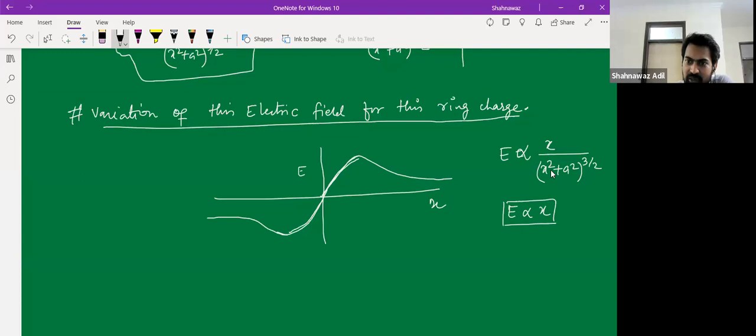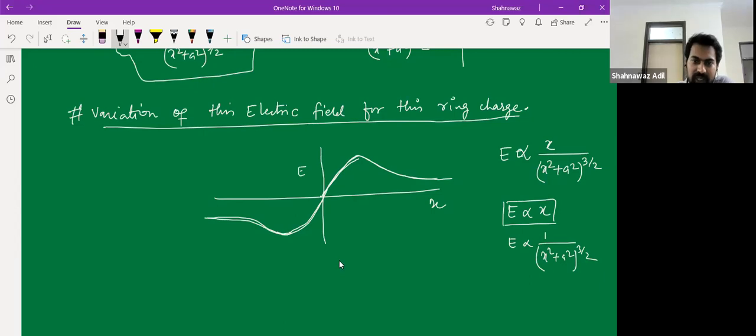But when X increases, this term dominates, so it will vary like this. Then this will vary as 1 over (X square plus A square) to the power 3 by 2. And when X is much larger than A, this would be 1 over X cube. So this is how it will vary.